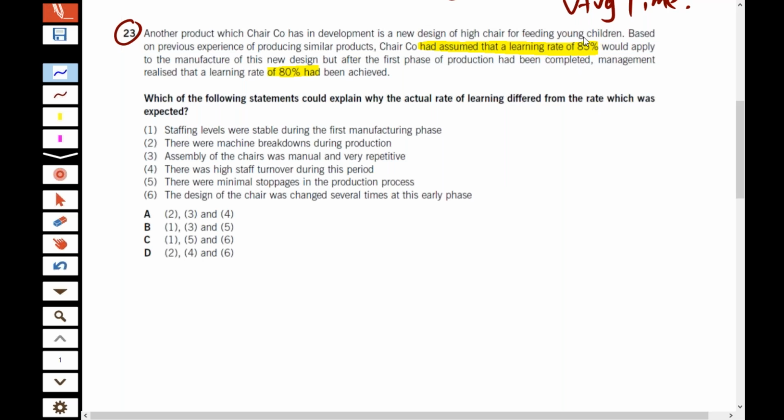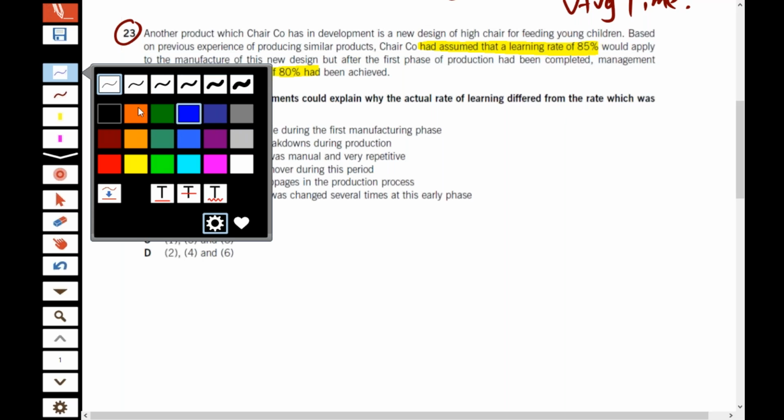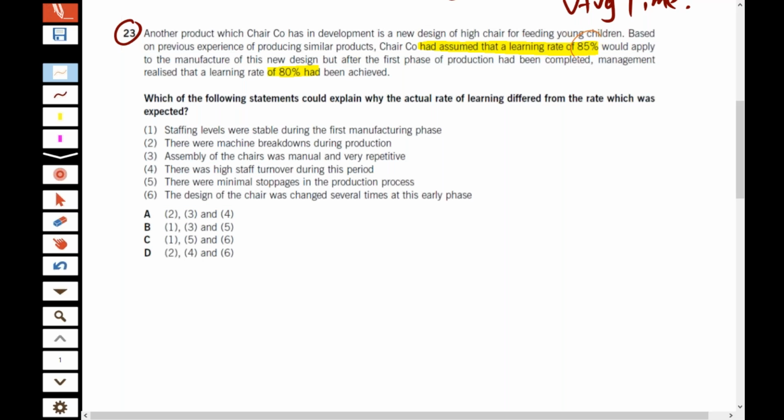See, 85% means time is reduced by 15%, and 80% means time is reduced by 20%.